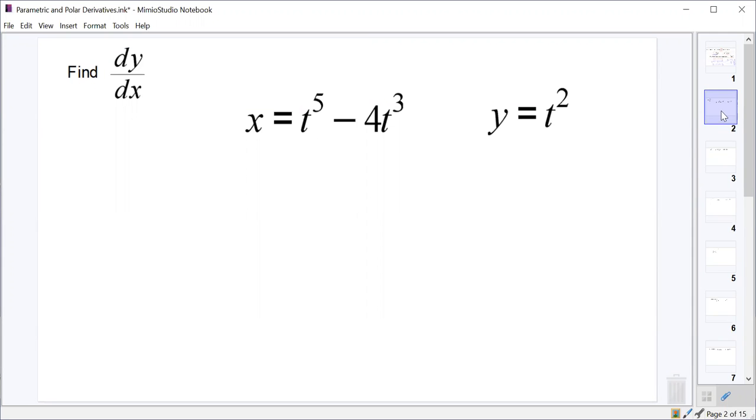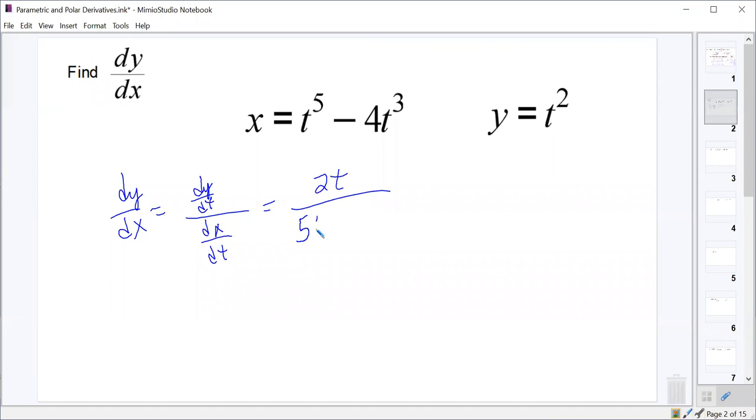So dy dx ought to equal dy dt over dx dt. And what's dy dt? T. Wonderful. And what's dx dt? That's right, 5t to the 4th minus 12t squared.